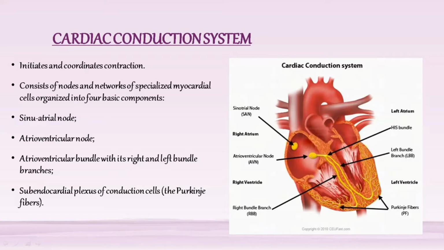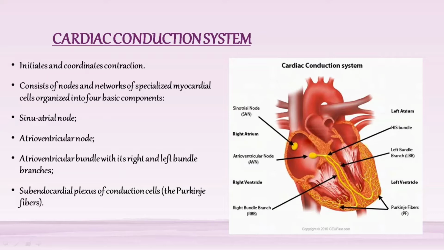Then the atrioventricular bundle, which is also called as bundle of His, with right and left bundle branches. And the fourth component of the cardiac conduction system is the subendocardial plexus of conduction cells, which are also called as Purkinje fibers.